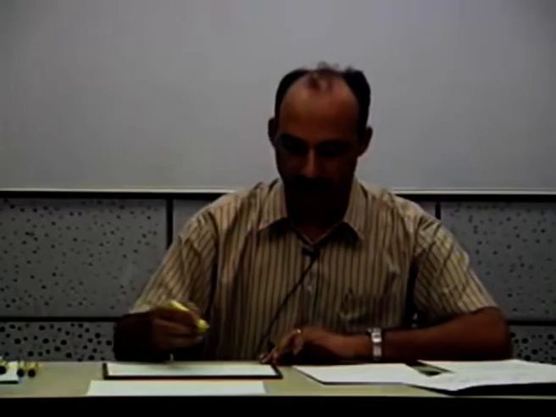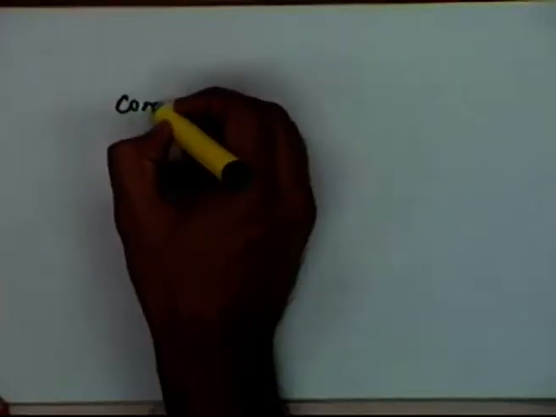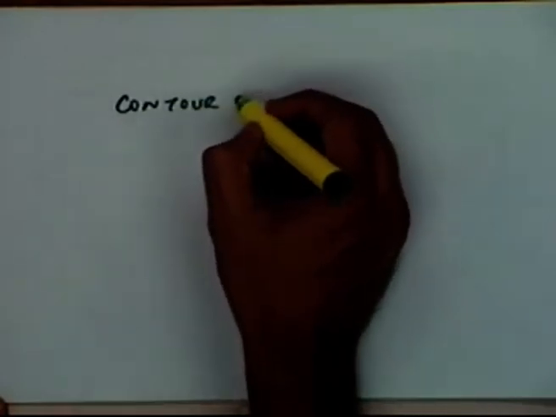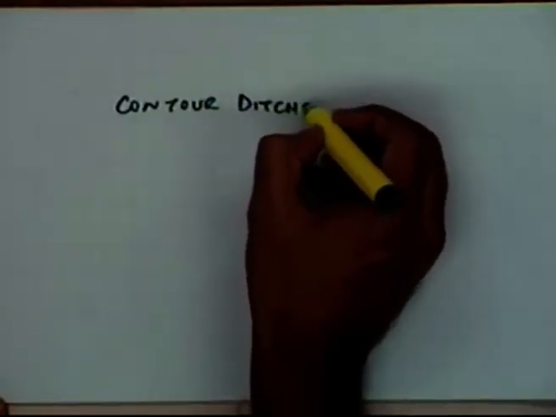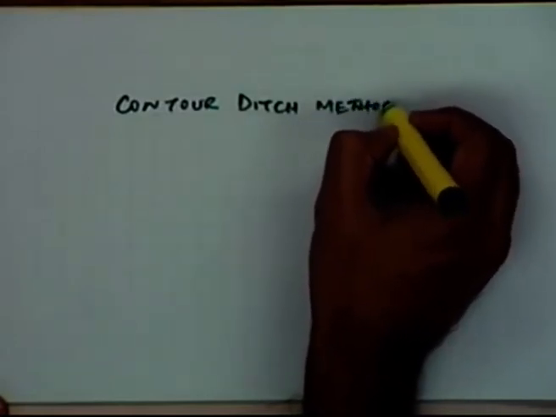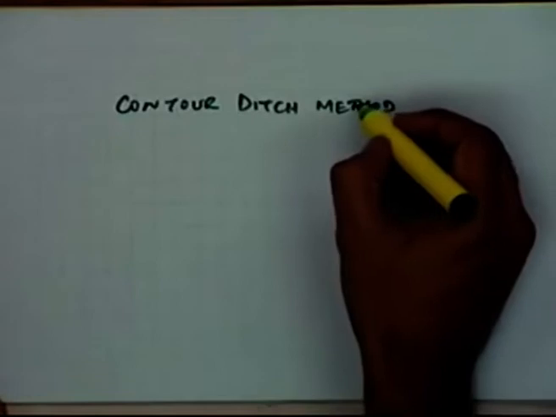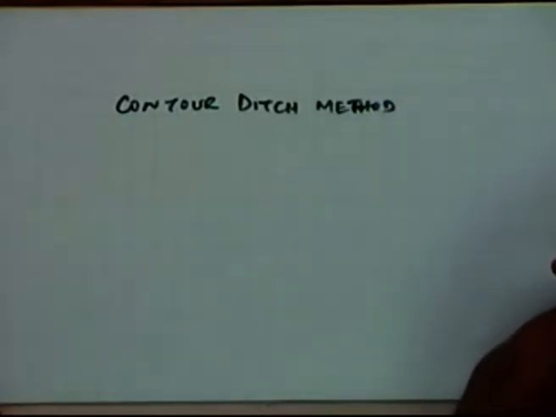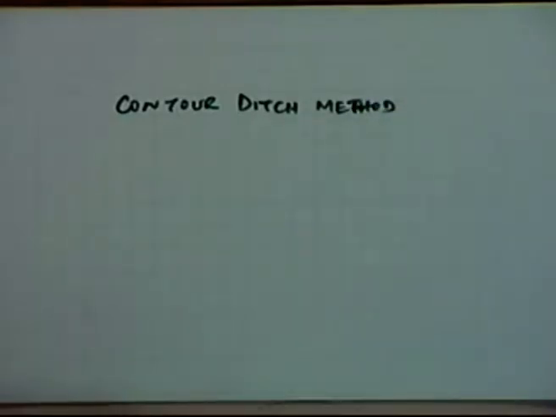All those things put together, let's discuss two of those methods which we had mentioned in the beginning. These are the contour ditch method, and the other one is the contour levee method.